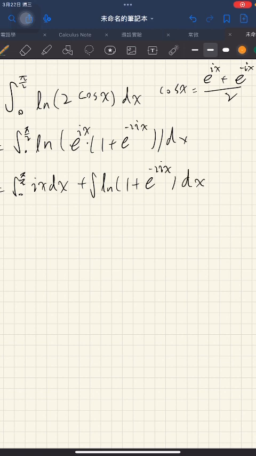And remember that I want to integrate the Taylor series of this part. So recall that the natural log of 1 plus x is equal to x minus x squared over 2 plus, and so on.